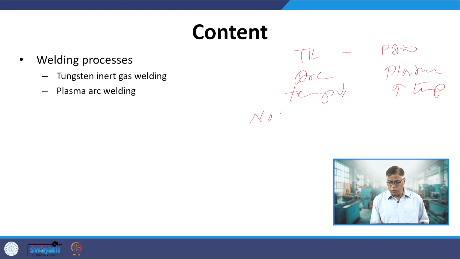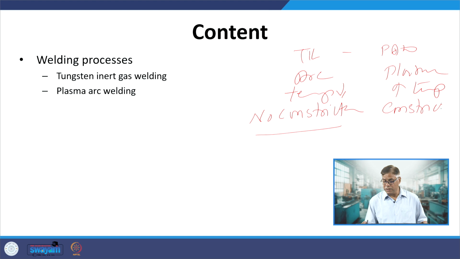And there is no constriction in case of the TIG, but in case of the plasma, constriction is used. Because of the high temperature and high velocity plasma, the plasma is also used for cutting applications.